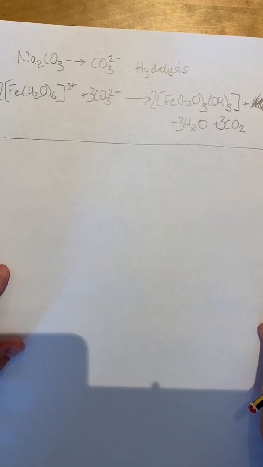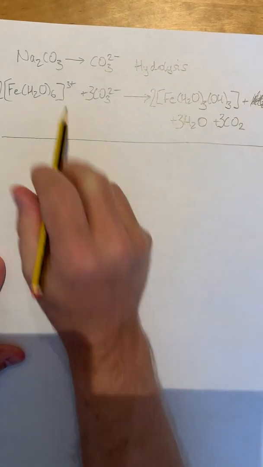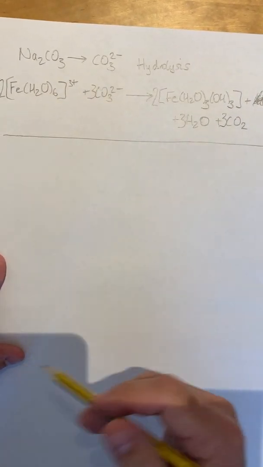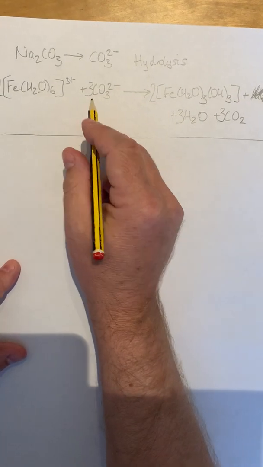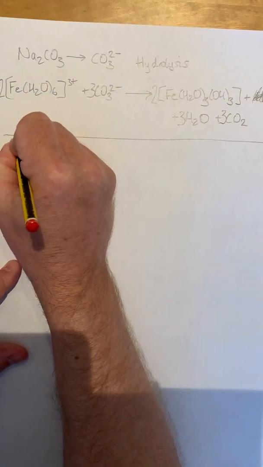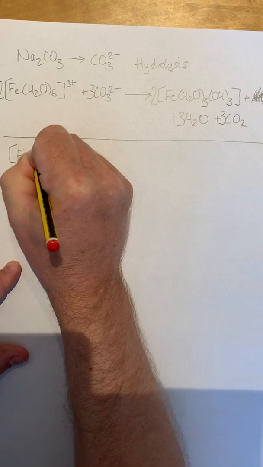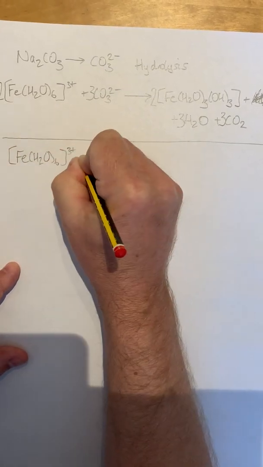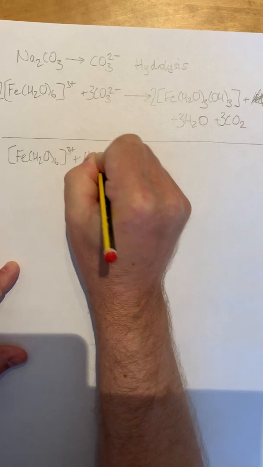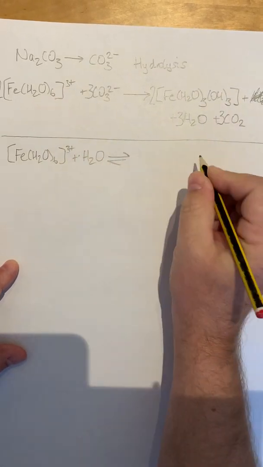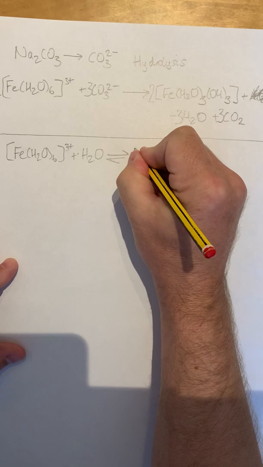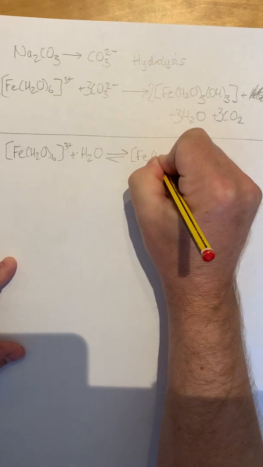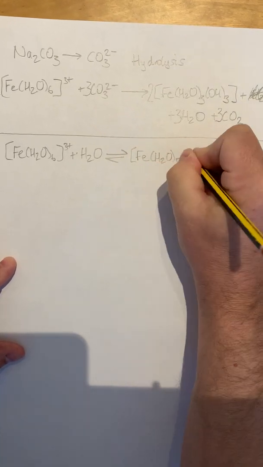It's a bit more complex, this one is, mainly because we've got a 3+ ion, so we've got 3 steps of equilibria to go through. So the natural equilibrium that's occurring, [Fe(H2O)6]3+ plus a water molecule in equilibrium will go on to form [Fe(H2O)5(OH)].